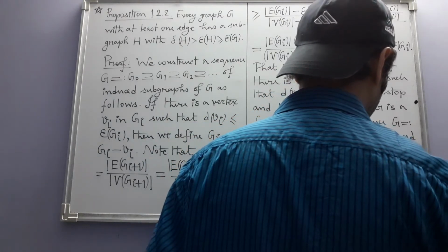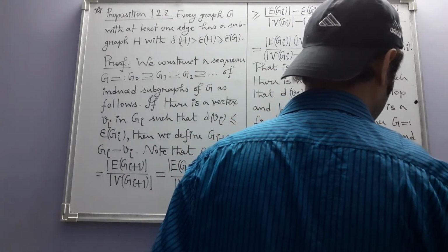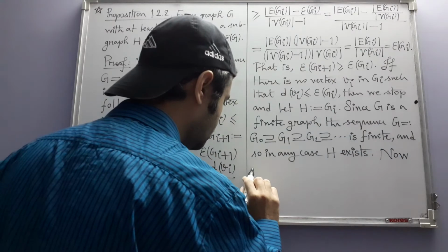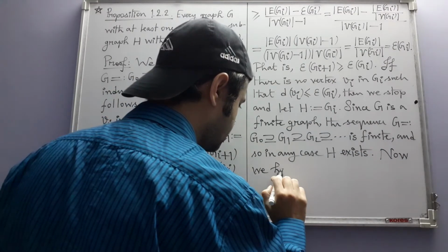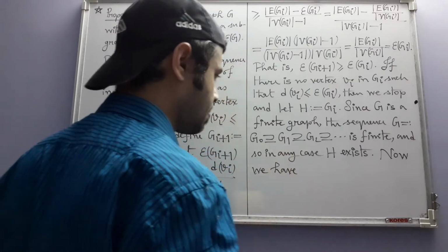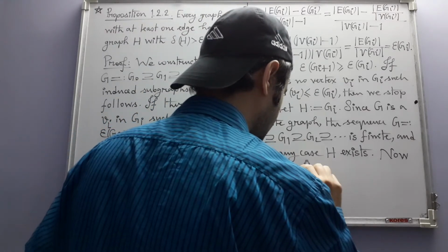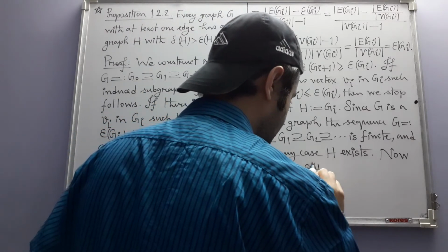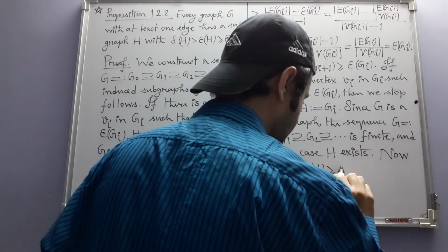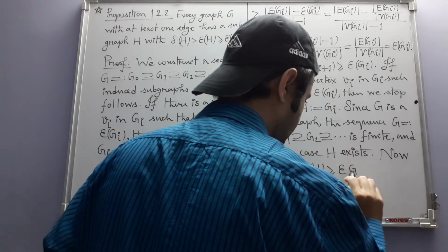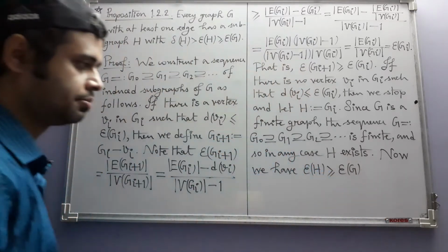Now we have epsilon of H greater than or equal to epsilon of G. Why?